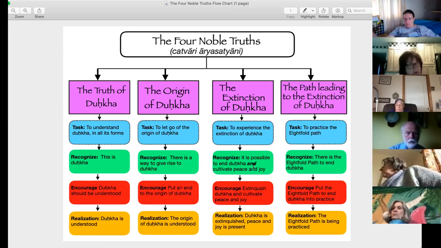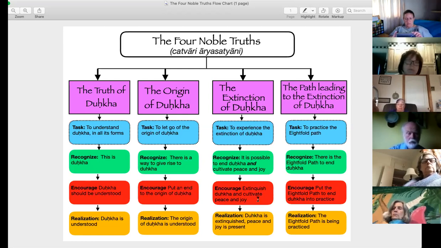So in order to do that, we recognize that it is possible to end dukkha and cultivate peace and joy. Then once we recognize, we encourage ourselves to extinguish dukkha and cultivate peace and joy.